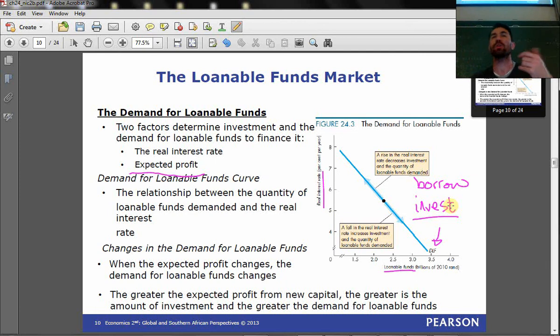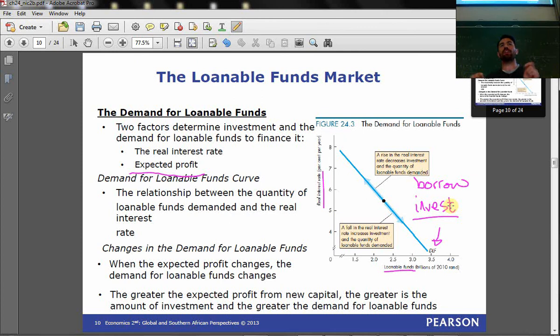Why? Because the more I'm buying capital, the more I'm building stuff, the lower my return on each one of those things. So the more I borrow to invest, the lower my expected return on those investments.